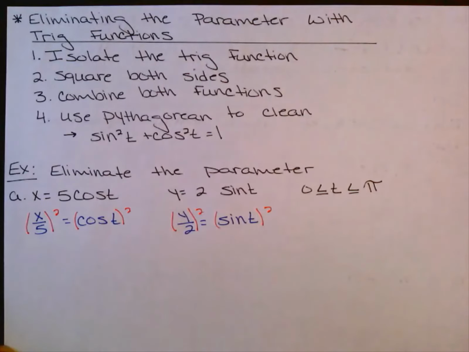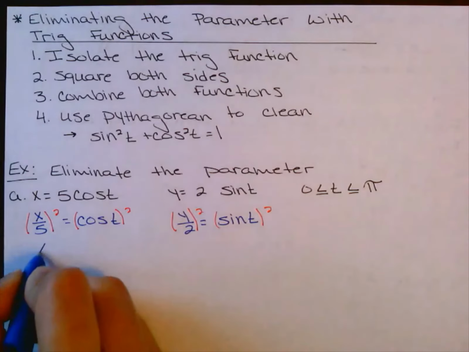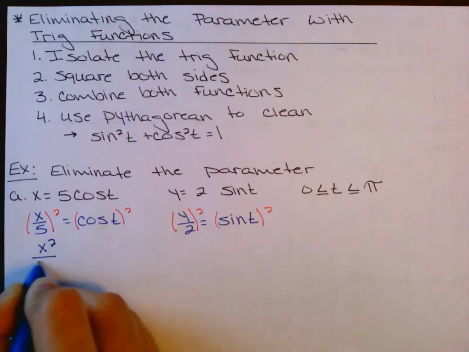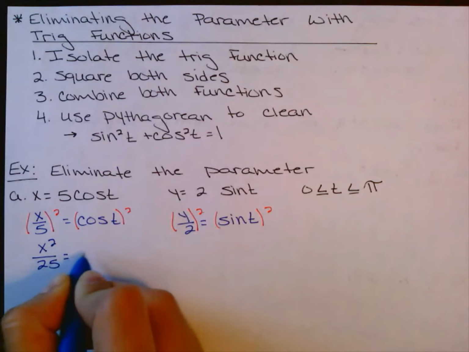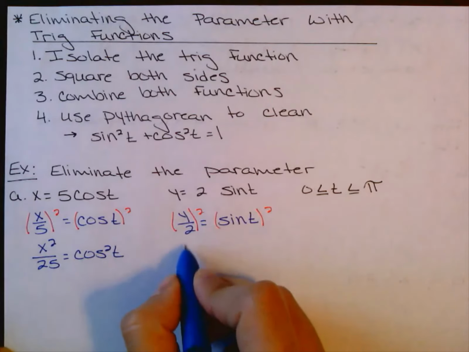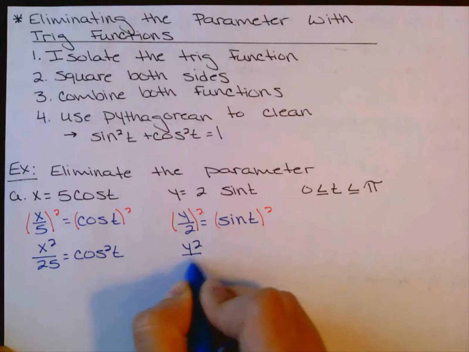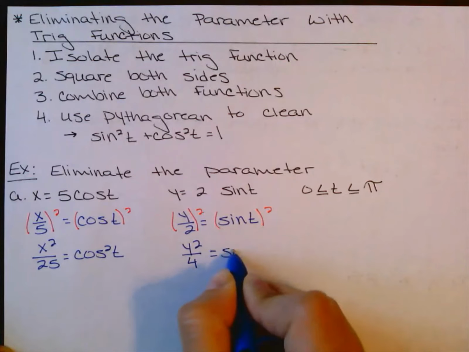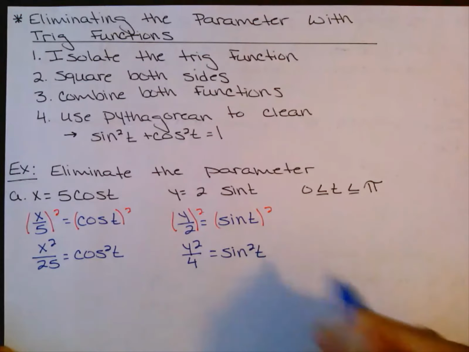If I clean this, I'm going to get x squared over 25 equals cosine squared of t. And then here I'm going to get y squared over 4 equals sine squared of t.